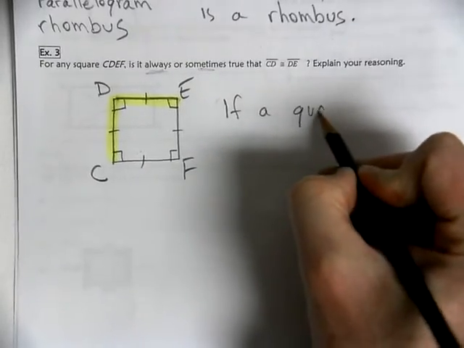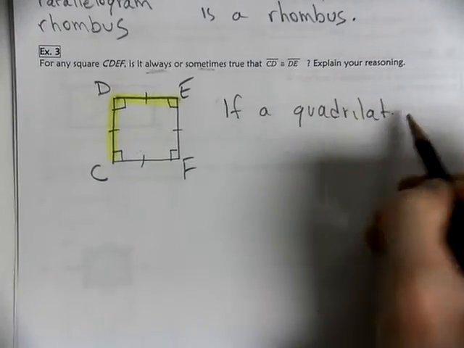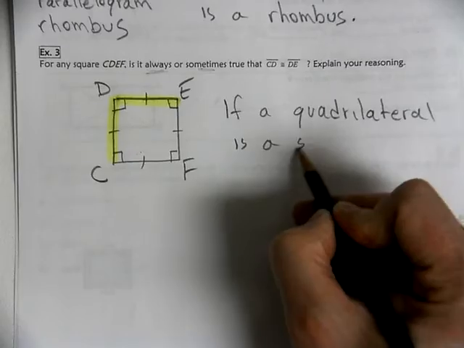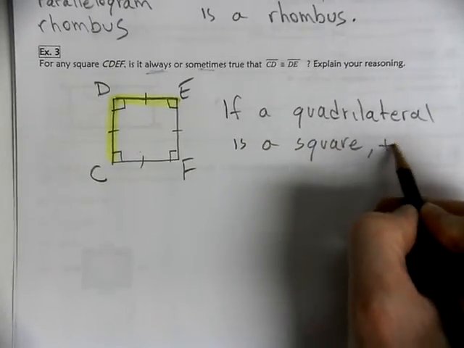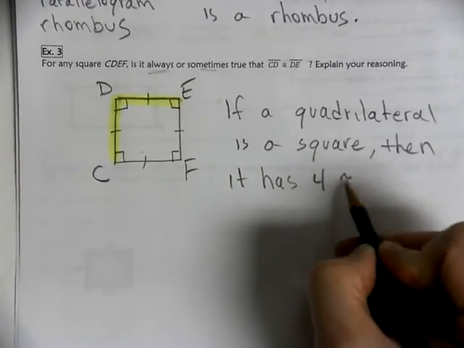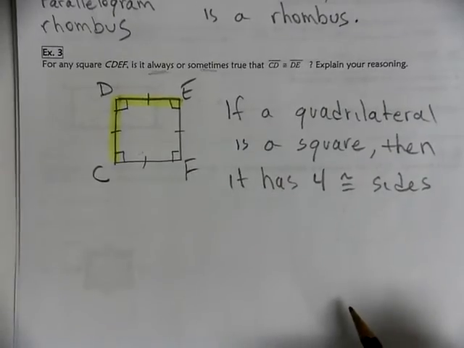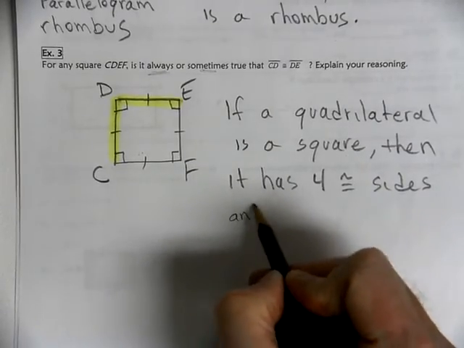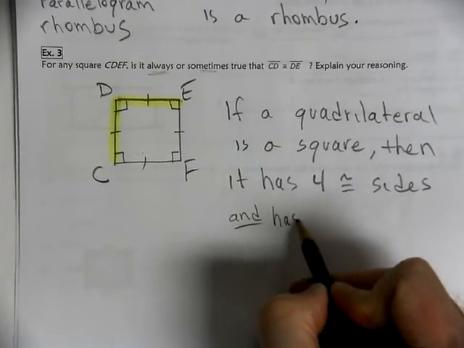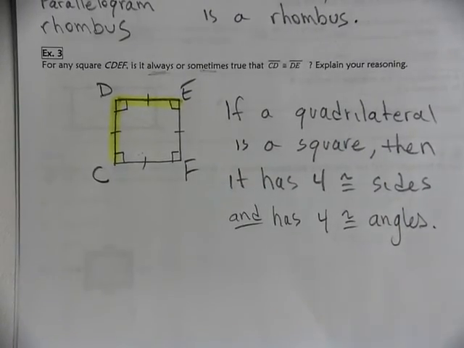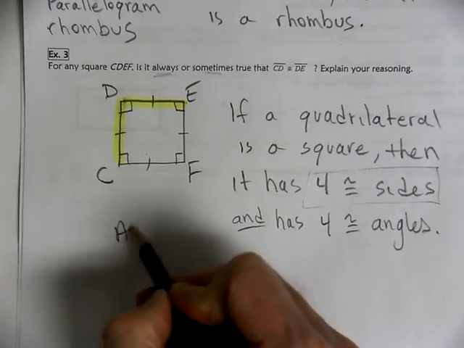If a quadrilateral is a square, then it has 4 congruent sides, so they're going to be congruent. All the sides are congruent. And it also has 4 congruent angles. We're not talking about angles here specifically, but we are talking about 4 congruent sides. So it is going to be always.